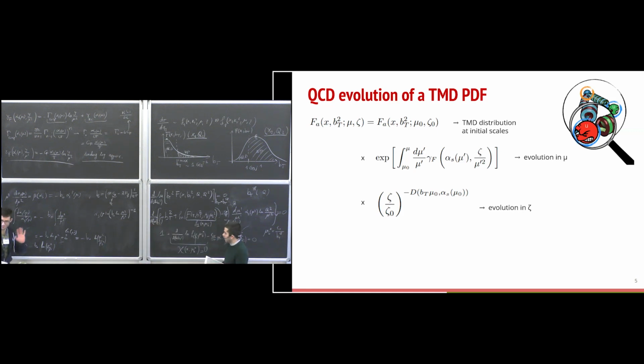Exactly. So this can be, for example, your lambda QCD parameter. In our case, this will be lambda. Let's fix it to lambda QCD. So this is our simple expression for the alpha strong.